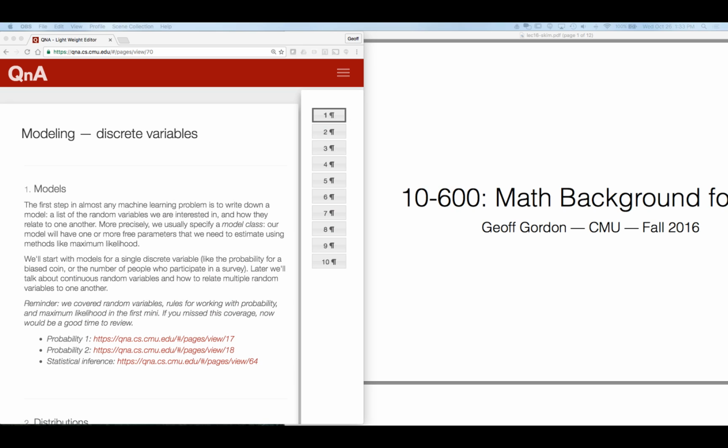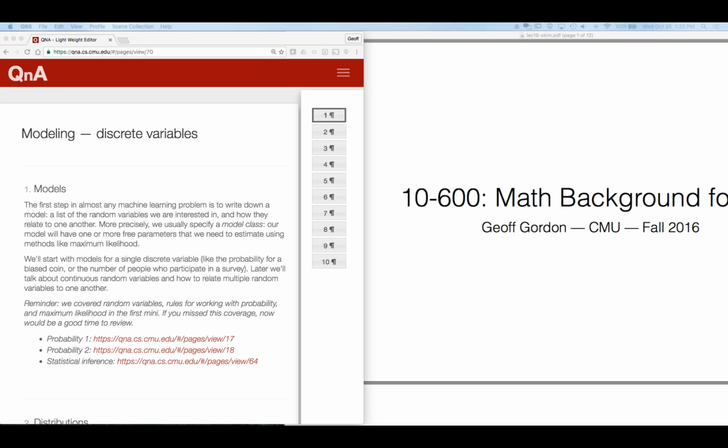So looking at these lecture notes here, I wanted to point out a few things. First of all, throughout the mini, we're going to be using a bunch of information that we went over in the previous mini.